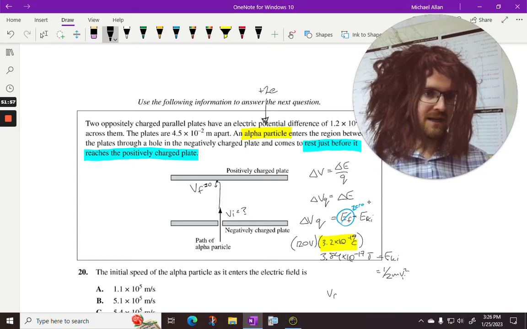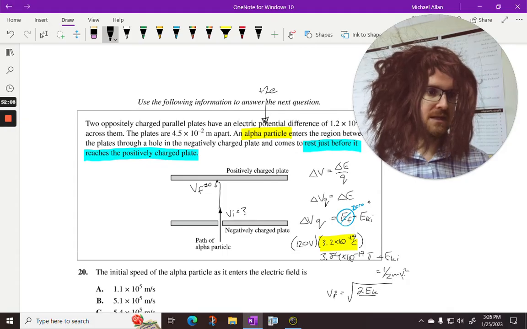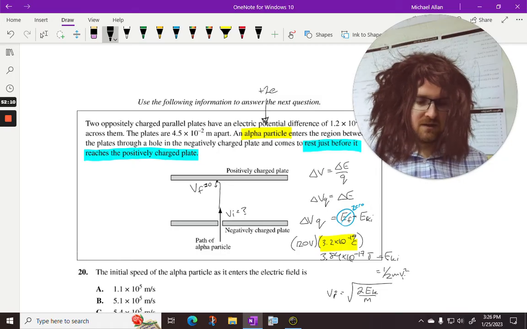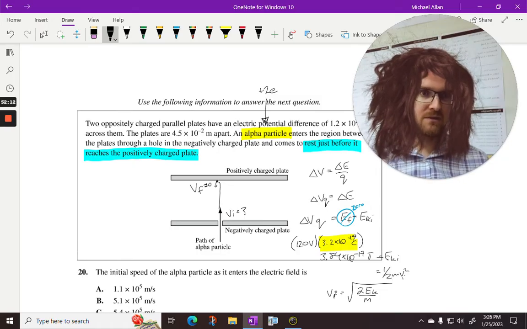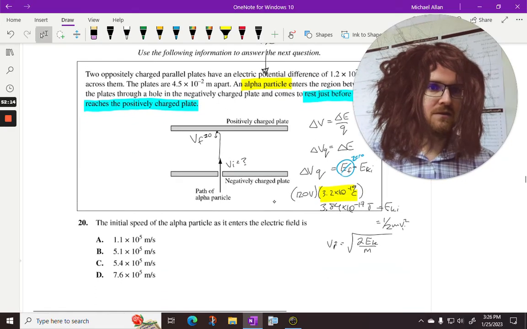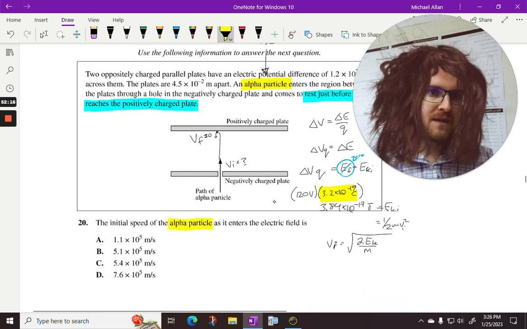So I can find my initial speed by going to the square root of 2 times this EK divided by mass. So times by 2 divided by mass. So the mass of an alpha particle. So remember, this is an alpha particle. I'm going to write down some numbers down here that we might have needed.